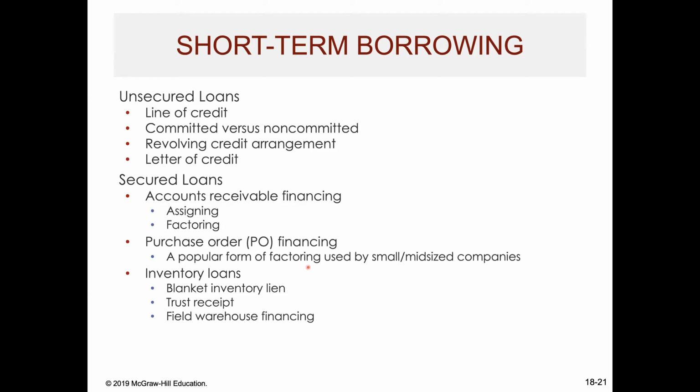This is a popular form of factoring used by small to mid-sized companies, and also inventory loans. You could do a blanket inventory lien, where if you don't pay back the loan, they can come and take your inventory, a trust receipt, or a field warehouse financing. The book does a good job of describing most of these. Also, there's commercial paper. Commercial paper really is only available to larger companies that have a credit rating.